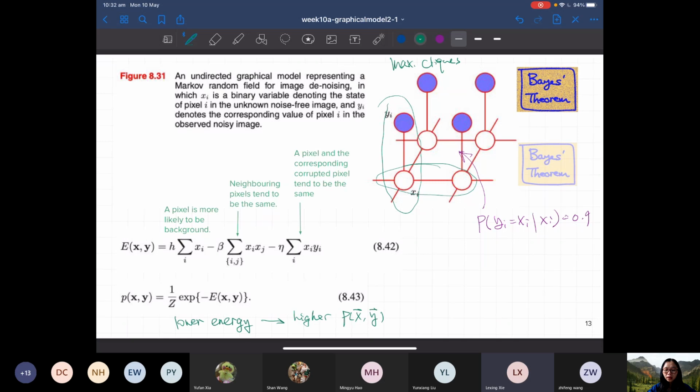If xi, xj, the product of the two, is 1, then the energy term is lower, if beta is a positive number. Similarly, if xi and yi, the product of these two, is 1, then the energy is also lower. If the xi and yi are different, then energy goes higher. So higher energy here means a penalty.